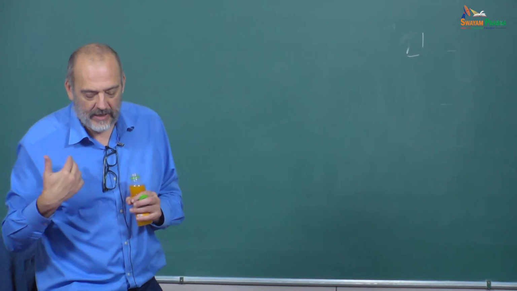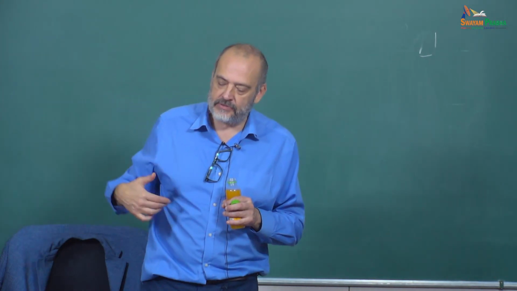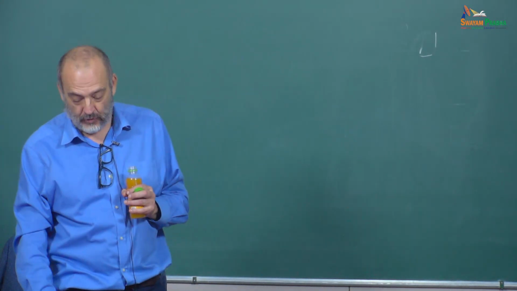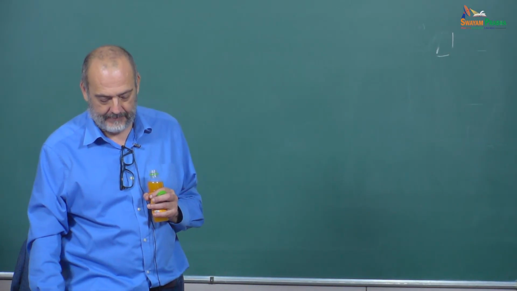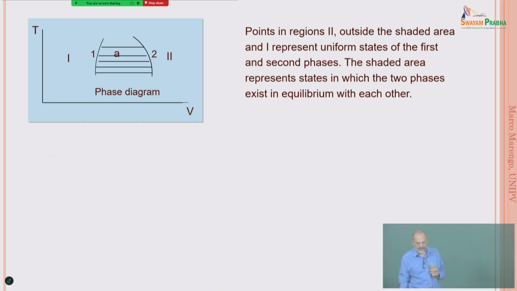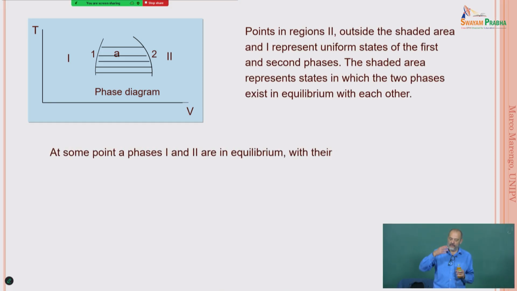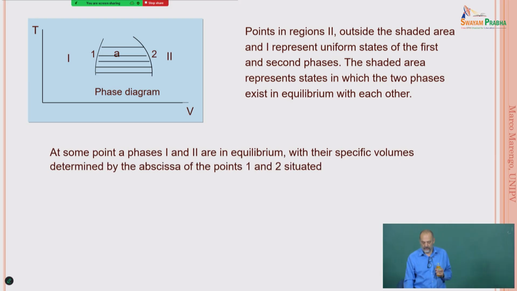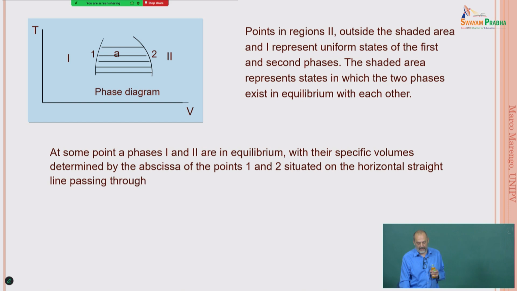So we are speaking about supercooled vapors, superheated liquids, and supercooled liquids. Now, if you look at the phase diagram, you have liquid in one position, then you have the coexistence, and then you have the vapor on the other side, which is fine.